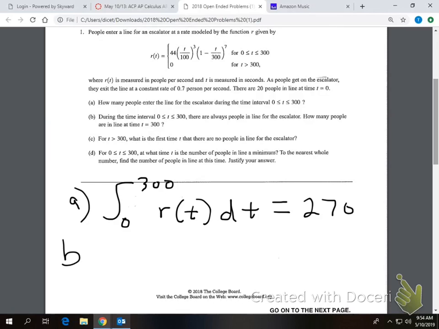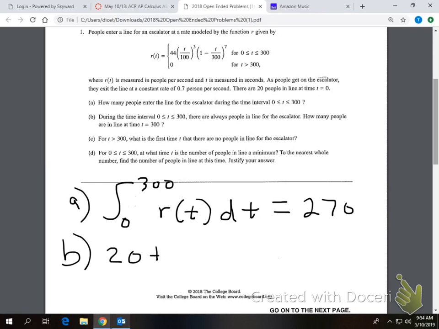B. Let's read B. I think I can make this fit. All right, let's read B. During the time interval from 0 to 300, there are always people in line for the escalator. How many people are in line at time 300? Okay? How many are at time 0?